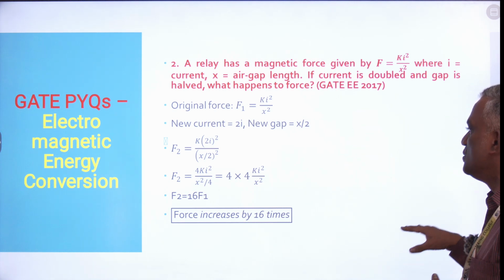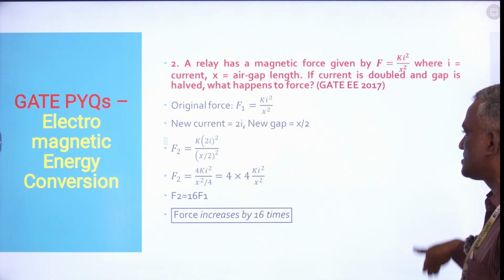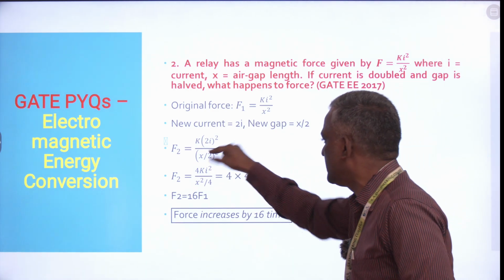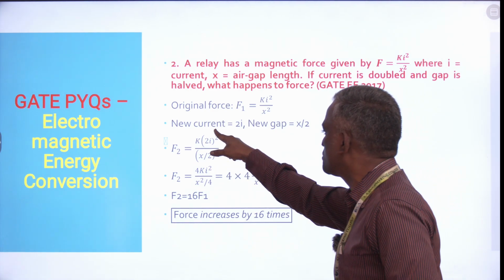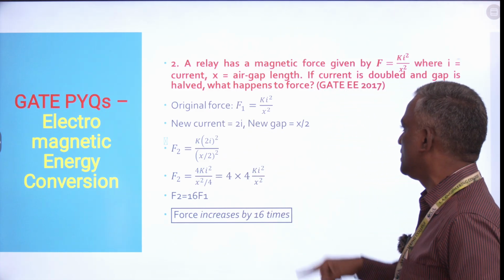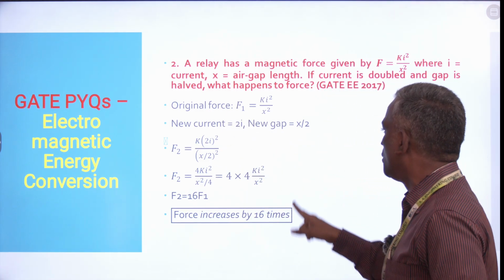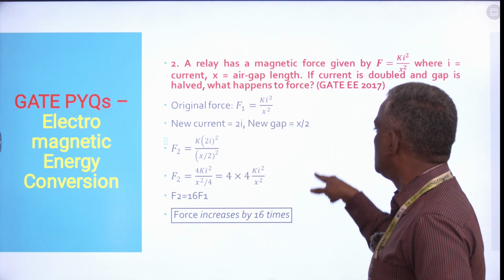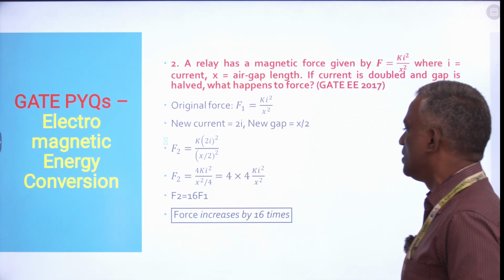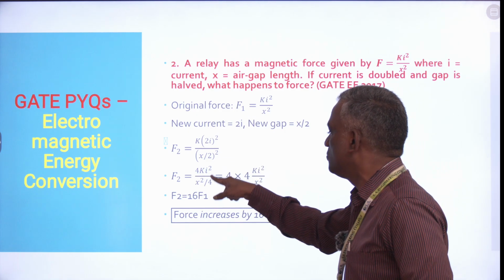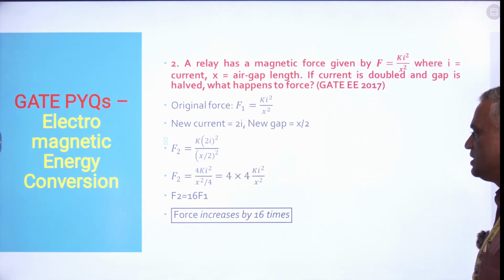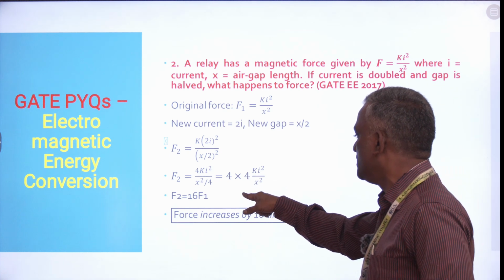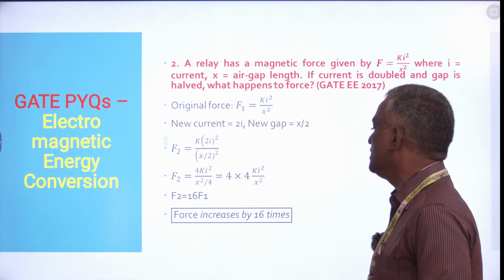Substituting this new current as well as the new gap in the force equation, we get K times, in place of current, the new current 2I, the whole squared, divided by, in place of X, the new gap X by 2, the whole squared. After substitution, we get 4K I square divided by X square by 4, which is nothing but 4 into 4 times K I square by X square.